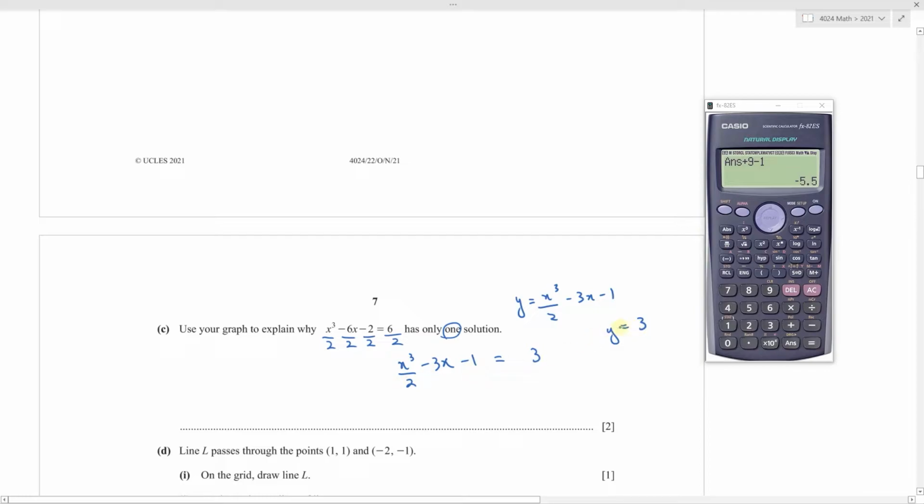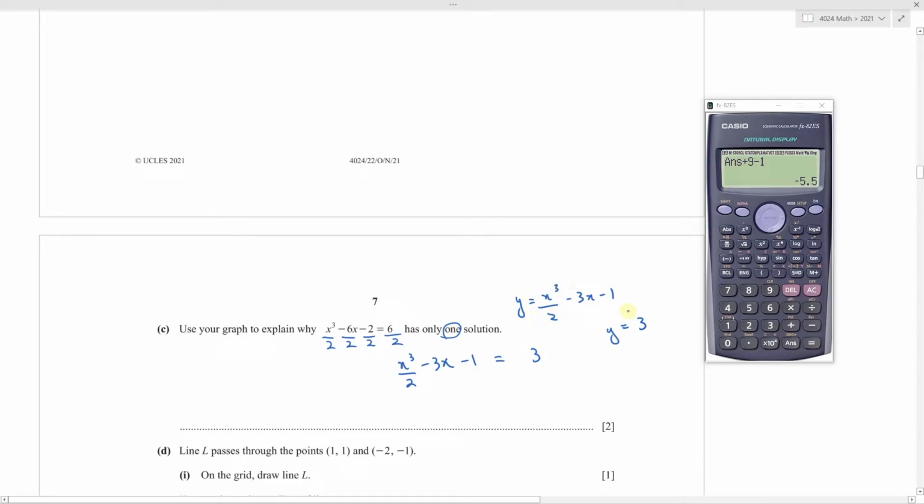Here, if you substitute y equals 3 in this equation, you get the same one that we are given here. So if you try to solve them simultaneously and eliminate the variable y, we end up with this equation. But since now we are looking at it from a graphical perspective, that means the graph of this equation and the graph of this equation has only one solution. That means they intersect at only one point.